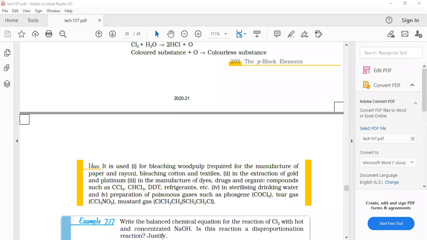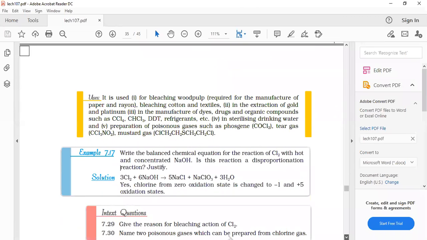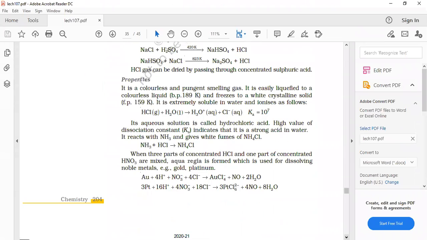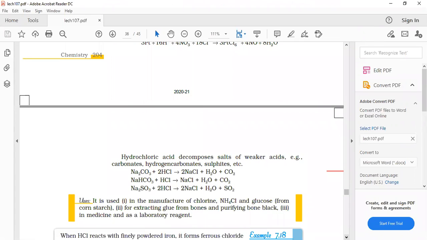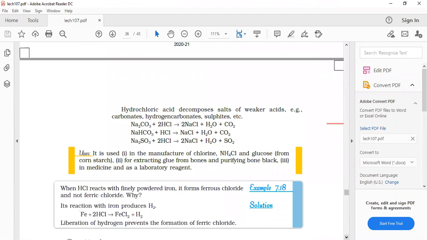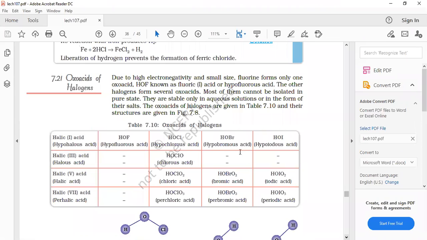Now our next point is oxo acids of halogens. Hydrochloric acid is not in your syllabus, so we start from oxo acids of halogens.